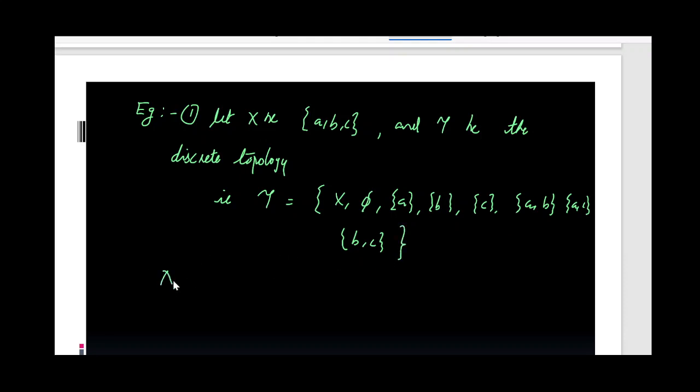Now you consider A, a subset of X, as A equal to {a, c}. I'm taking A as {a, c}.